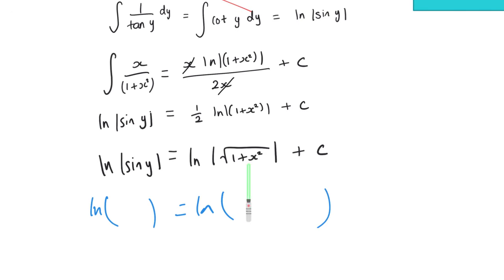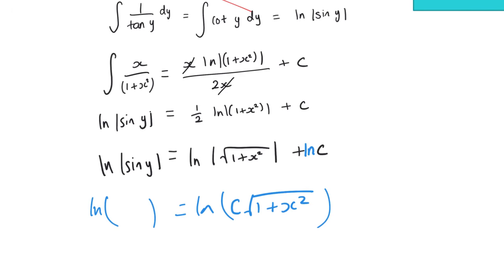Currently, we have ln of something plus c. Now, c is a constant, okay? So technically, we could even say that this is ln of c. Is ln of c still a constant? Then if we add them together, we now get c, because of the log laws, two logs added together is actually the insides multiplied, right? So we're going to get c root 1 plus x squared.